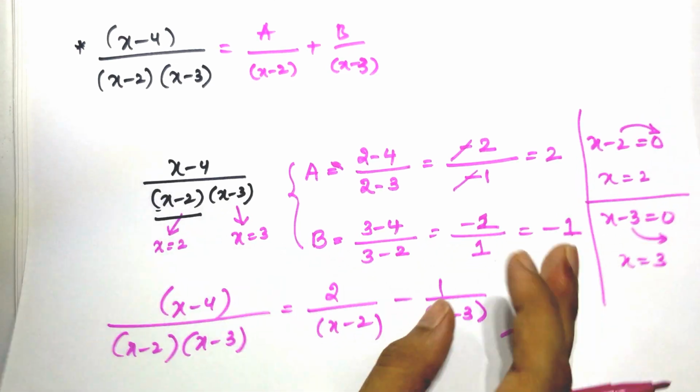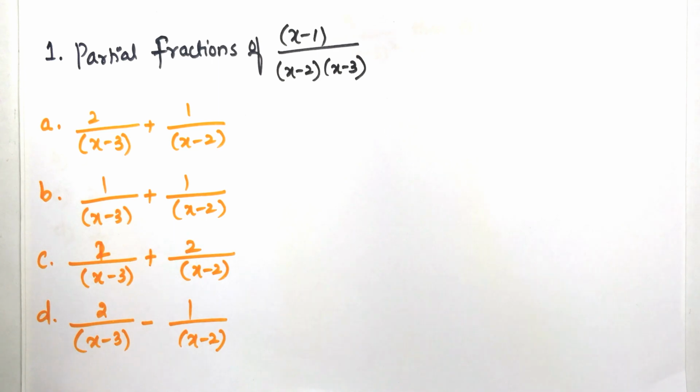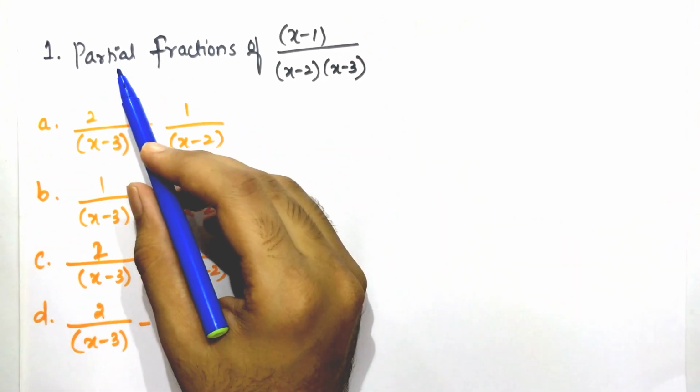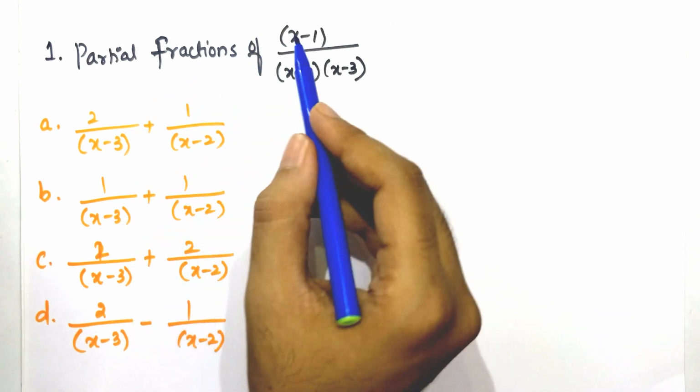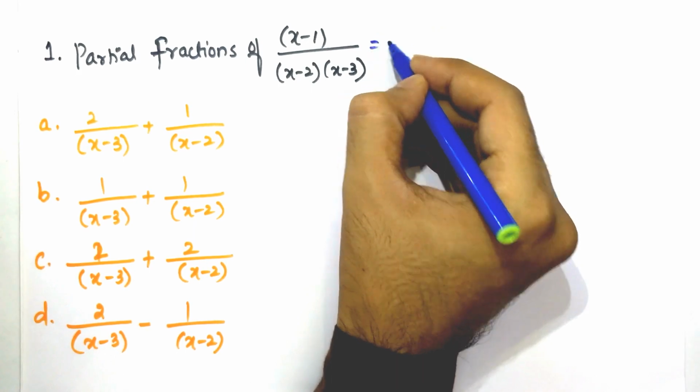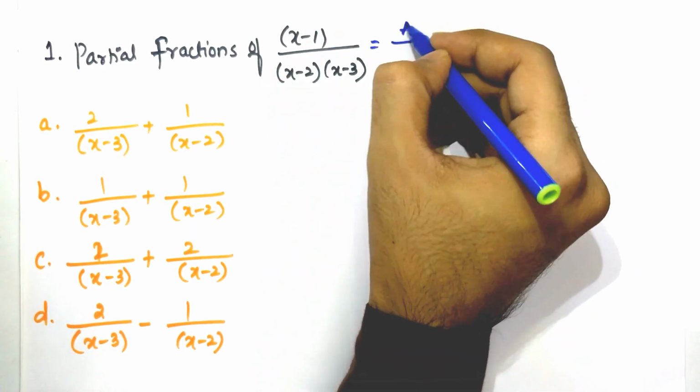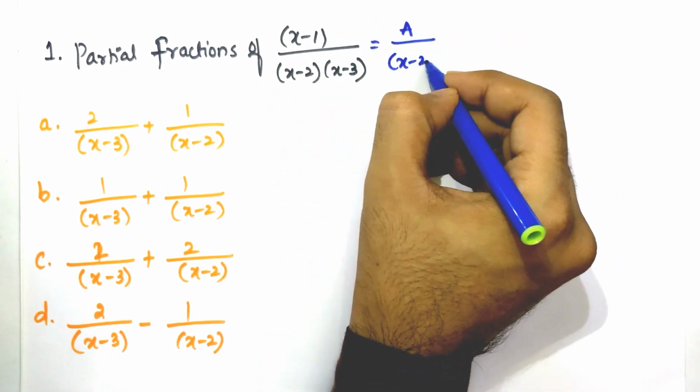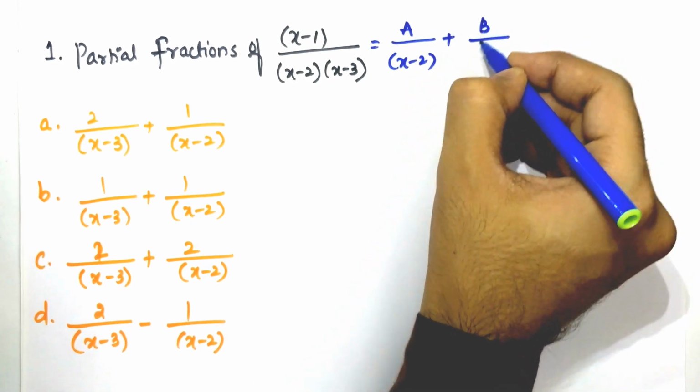Now moving on to our next question. Some important MCQs which can be asked in competitive exams. The first question is the partial fraction of x minus 1 by x minus 2 into x minus 3. The partial fractions of this can be written as a by x minus 2 plus b by x minus 3.